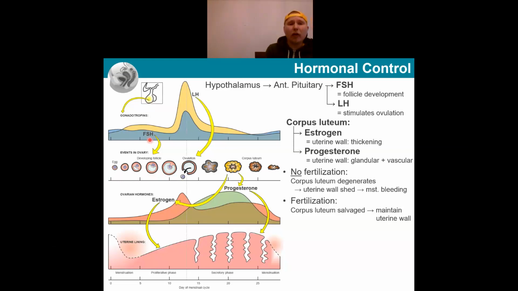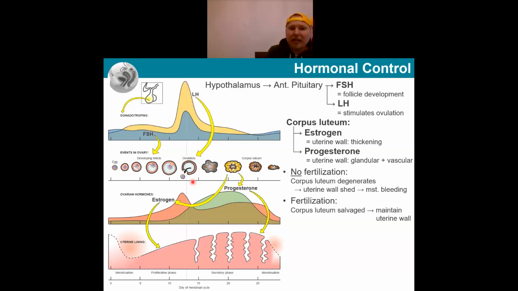The second hormone secreted from the anterior pituitary gland is luteinizing hormone. And what you'll see is that there is a spike of the luteinizing hormone concentration, around day 13 or so, that triggers ovulation to happen.